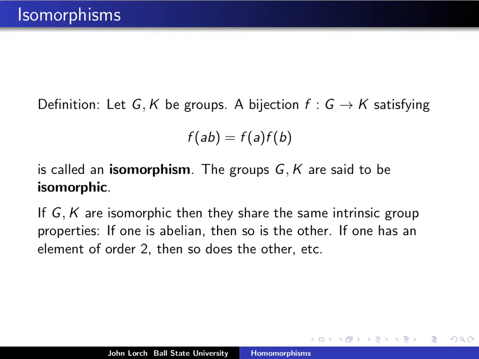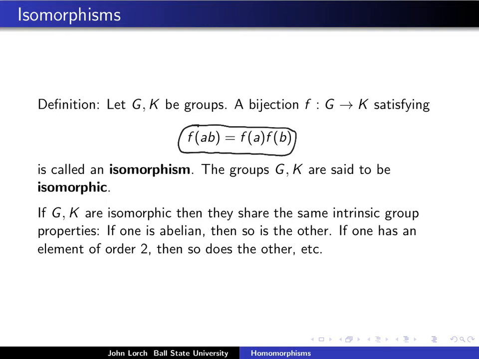The previous example leads to an important definition. We let G and K be groups. A bijection f from G to K satisfying this property, f of A times B equals f of A times f of B, is what's called an isomorphism. And the groups G and K are said to be isomorphic.